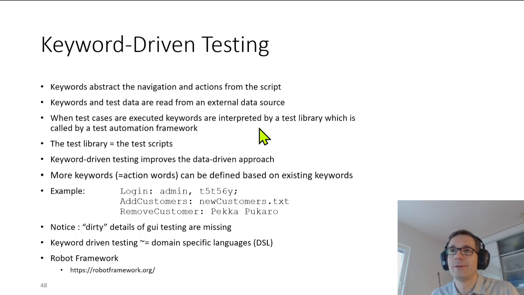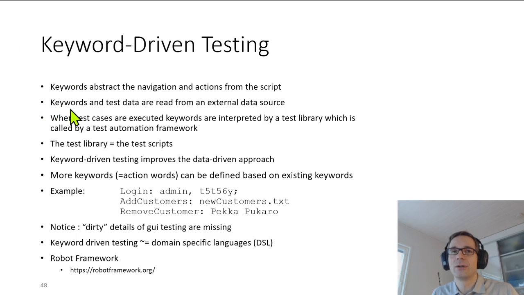Okay, so the next level is keyword-driven testing. And the idea behind these keywords is that they abstract the navigation and actions from the scripts. So previously the test data was read from an external source. So you had the scripts and you had some external data source. With keyword-driven testing, this idea is extended also to the actions.